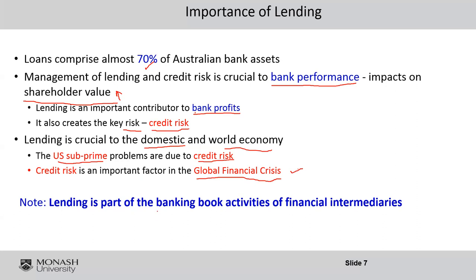I think we introduced ourselves last time to something called the trading book and the banking book. The banking book is all those assets that the bank holds until maturity, including loans. So when we talk about loans, they come within the banking book.